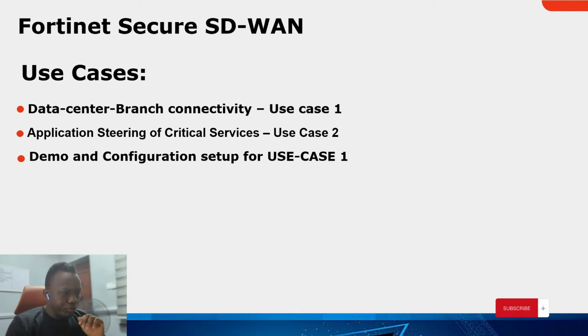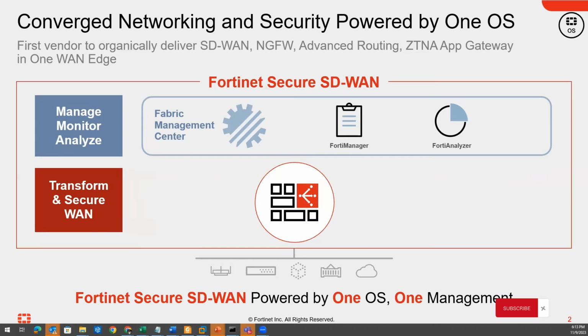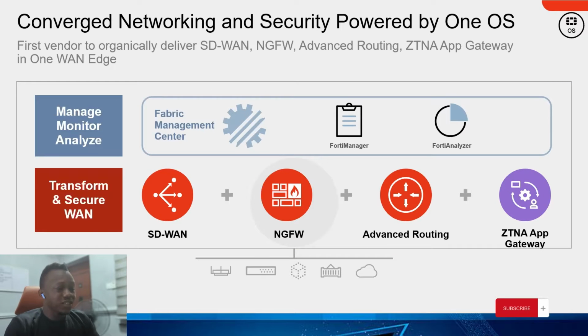The FortiGate firewall, which is the next generation firewall, converges both the networking and security features on one OS, which is FortiOS. So what does this mean? It means that the FortiGate device has the capability to do networking and also do security on the same OS.